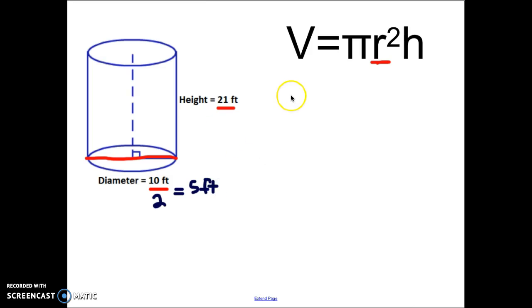Now we can use our exact same formula. Volume is pi times our radius, which is 5, so times 5 squared, times our height, which is 21.